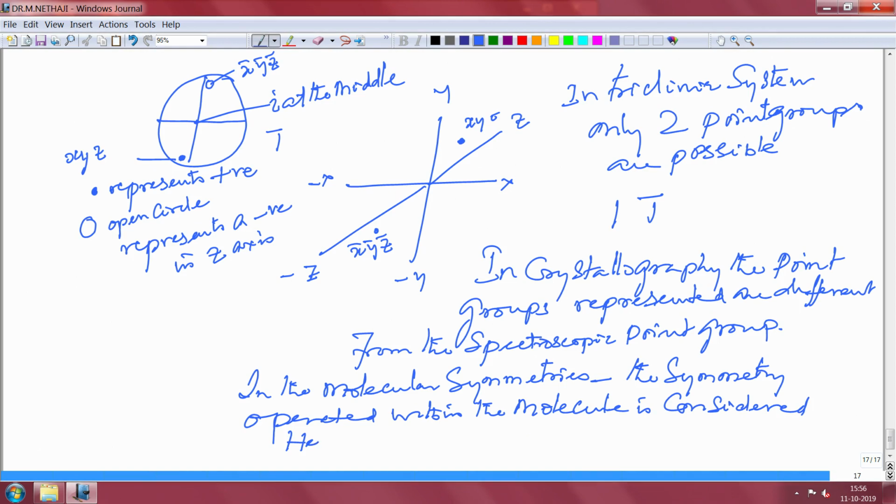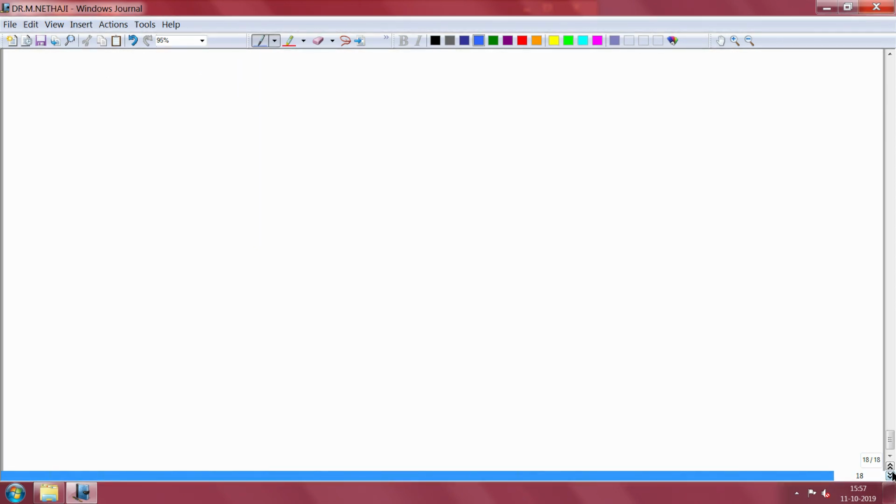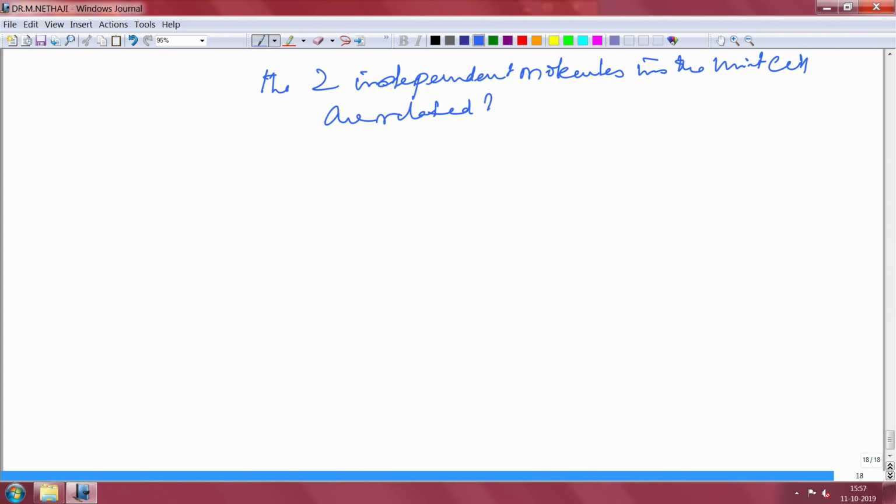Here the two independent molecules in the unit cell are related by an inversion symmetry.